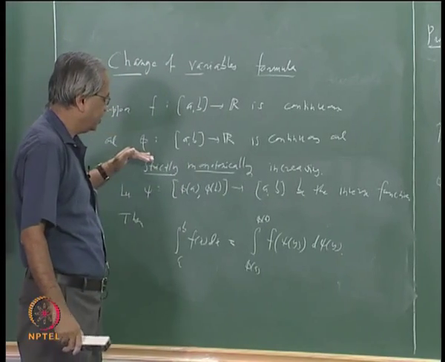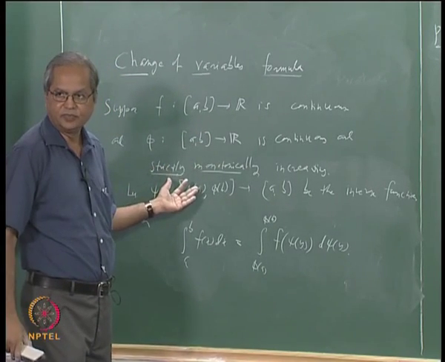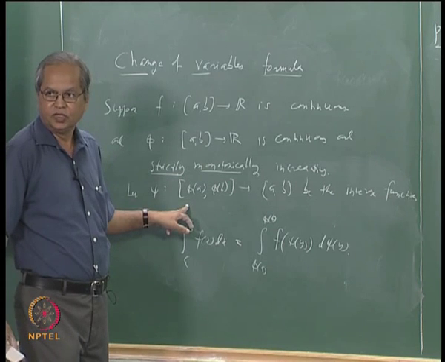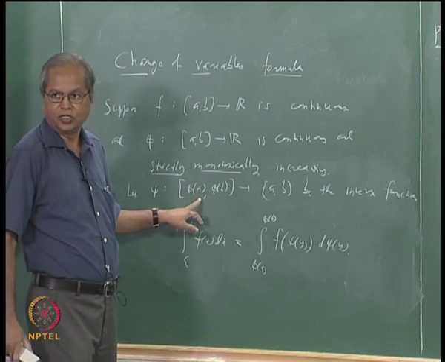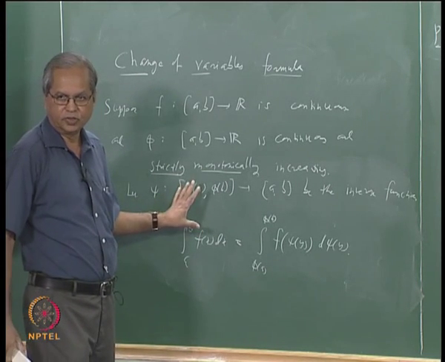Remember that we have assumed that phi is strictly monotonically increasing and psi is its inverse. Does it follow that psi is also strictly monotonically increasing? Yes, so there is no problem.